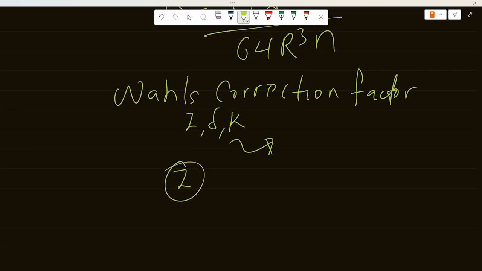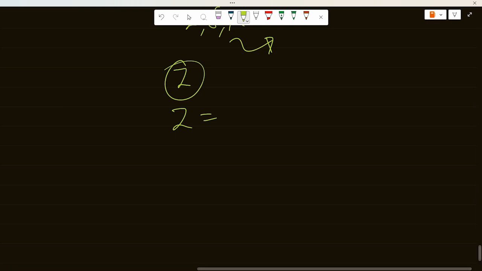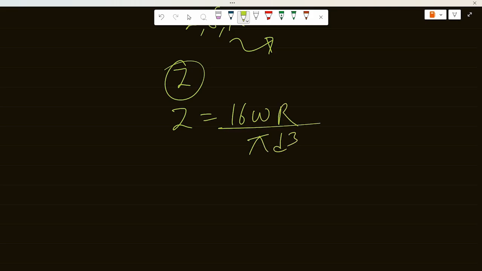Someone getting what I'm saying? So, once again, you have to remember when it calls for remembering, and you have to derive when it calls for deriving. Shear stress is equal to 16 WR over pi d cubed.